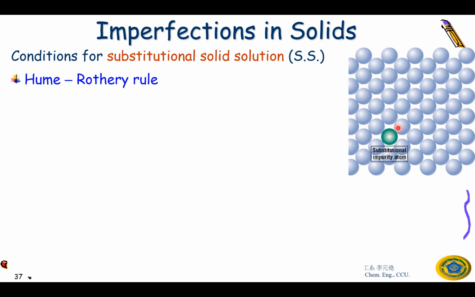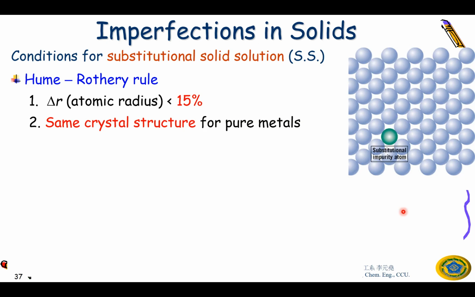So let me summarize the conditions for the substitutional solid solution. These are also called the Hume-Rothery rules. First, delta R has to be less than 15 percent between these two types of atoms. The second one is that the two atoms need to have the same crystal structure as pure metals: FCC, FCC, or BCC, BCC.